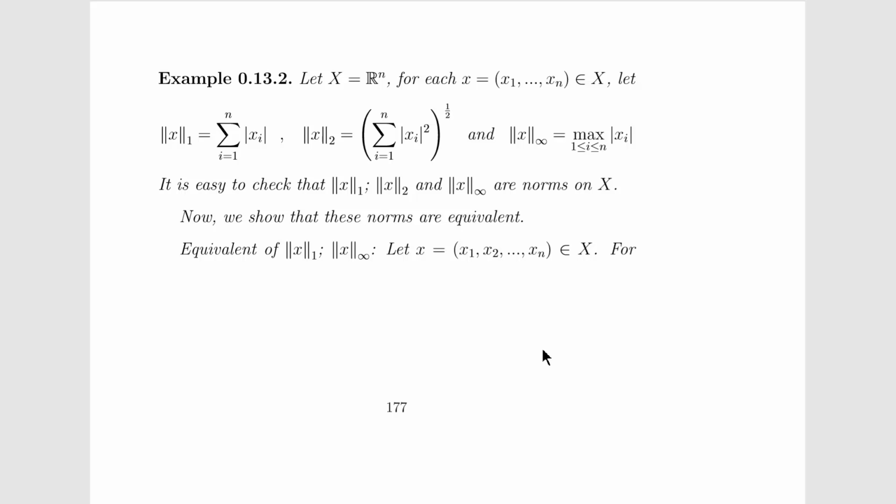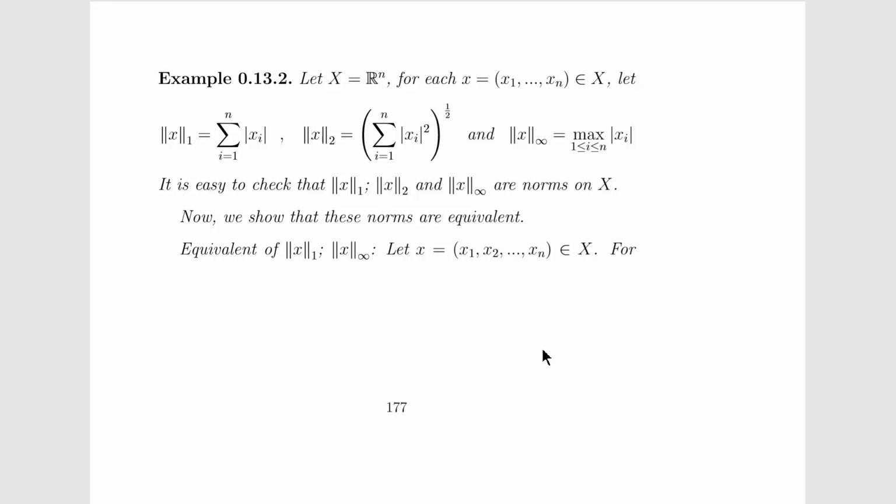Norm 2 will be defined as the summation of xi squared to the power 1 by 2. And norm infinity is defined as the maximum of modulus of xi. Now we have to check the equivalence of these three different norms over the set X. It is easy to verify these are norms. We have already discussed these things in the previous lectures.